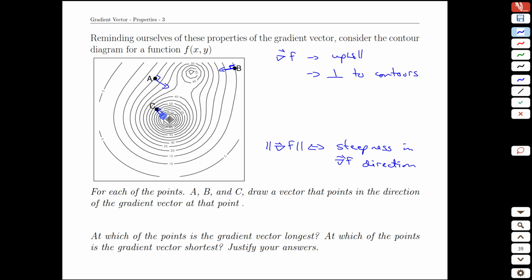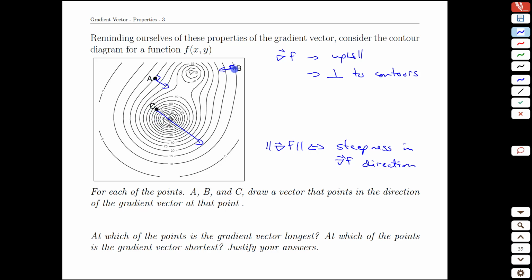And out of these 3 points, if we look at the density of the contours, they are most dense around C, so this gradient vector would be longer. And there's actually no geometric relationship. It could be that the gradient vector is actually huge in terms of the units that we're using, but all we know for sure, without any extra information, is that the C vector would be longest.